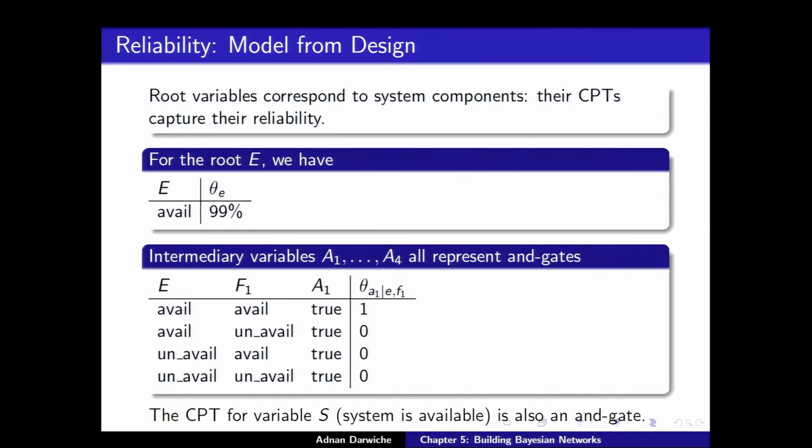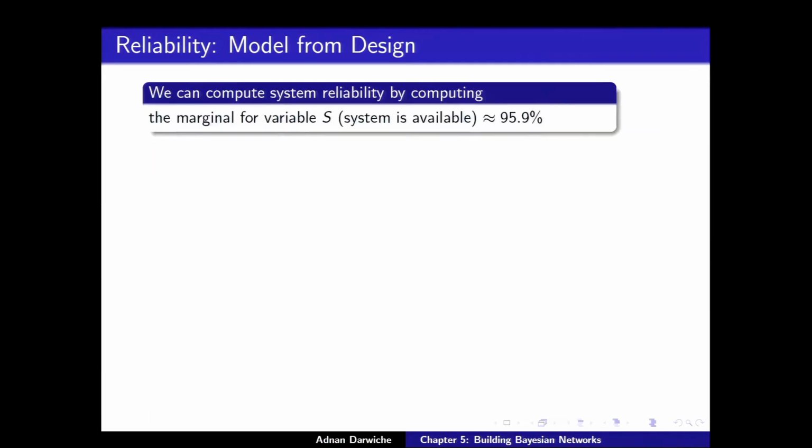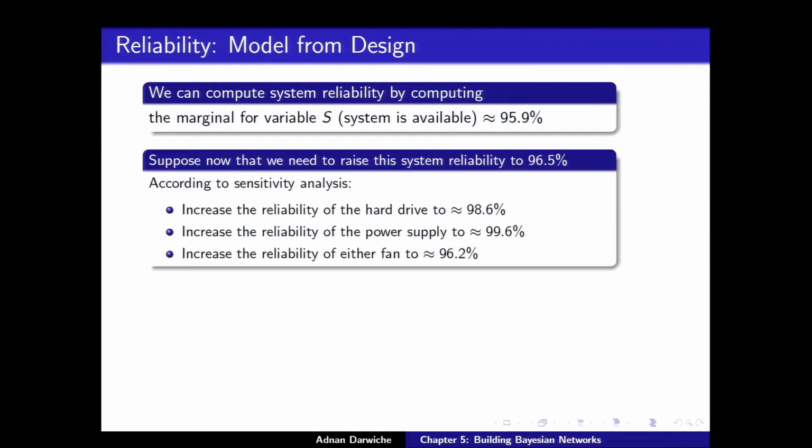So it's pretty simple to synthesize this Bayesian network from a reliability block diagram in this case. And here we go and compute the marginal over the S variable representing the whole system, and we get 95.9%. That's basically the overall reliability of the system. Interestingly enough, suppose, this is a common query, you're not happy with this reliability.